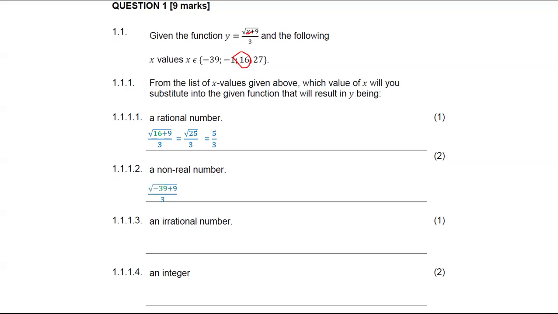So inside that square root, remember I always say simplify what is under the square root first. Inside that square root, you have negative 39 plus 9. Negative 39 plus 9 will give you negative 30. So you end up having the square root of negative 30, all divided by 3.